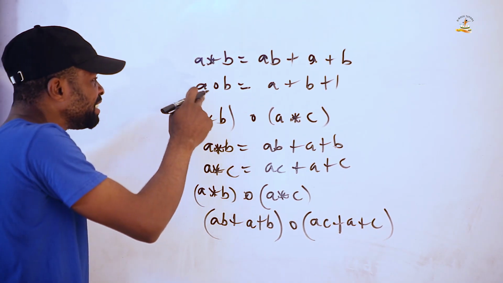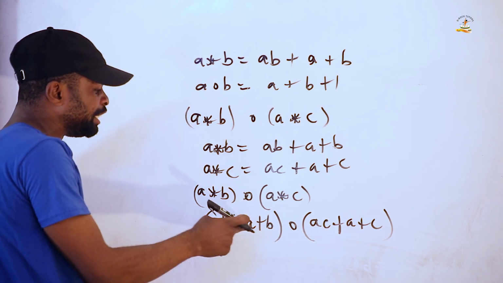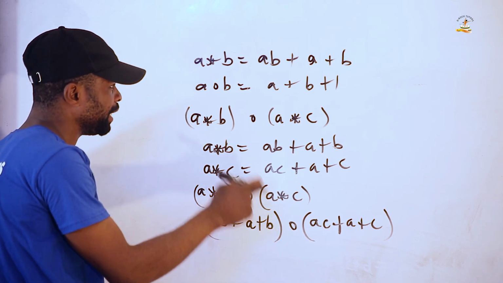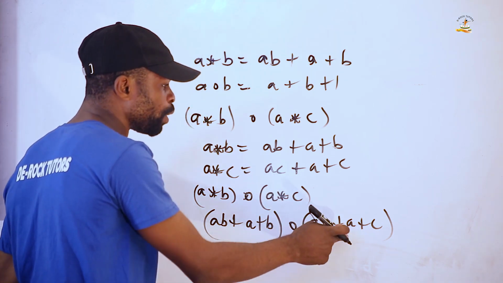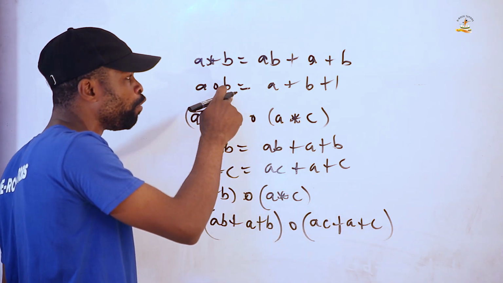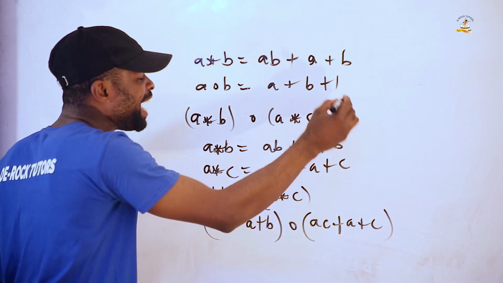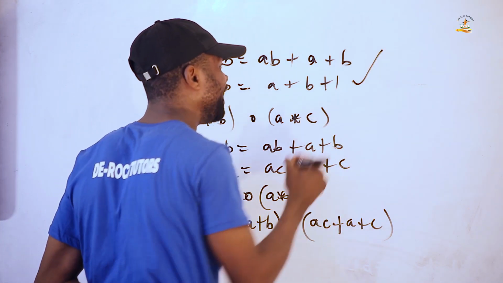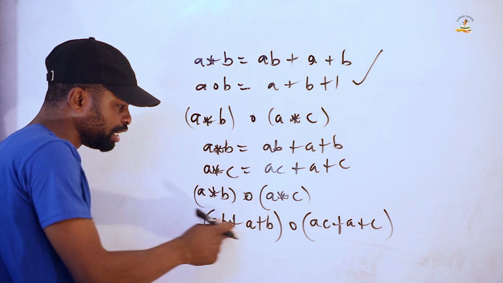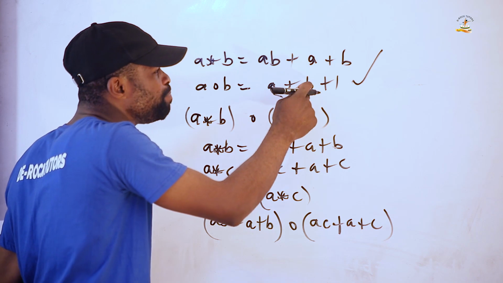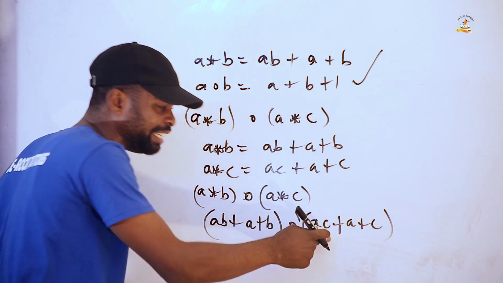But in this case now, it implies that the whole of AB plus A plus B has taken over the position of A, and the whole of AC plus A plus C has taken over the position of B. It implies that anywhere I see A in this marked operation, I am going to substitute this for it. And anywhere I see B, I am going to substitute this for it.